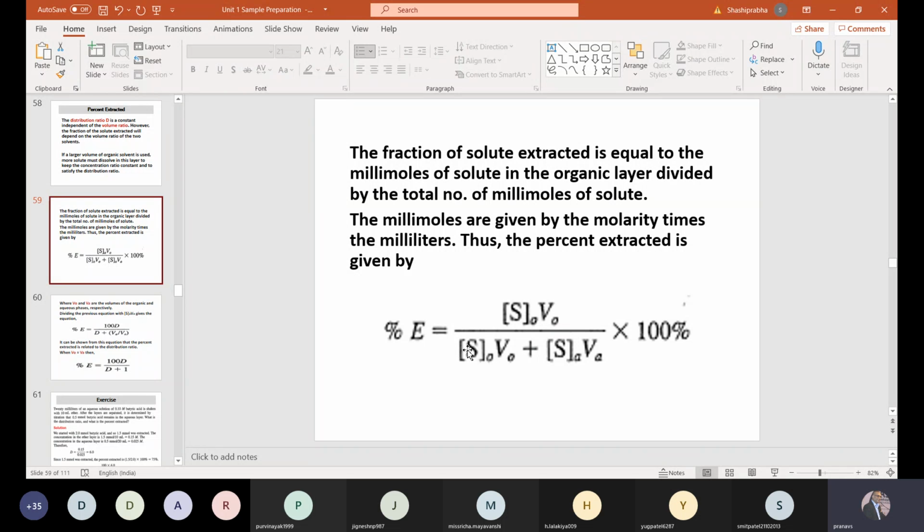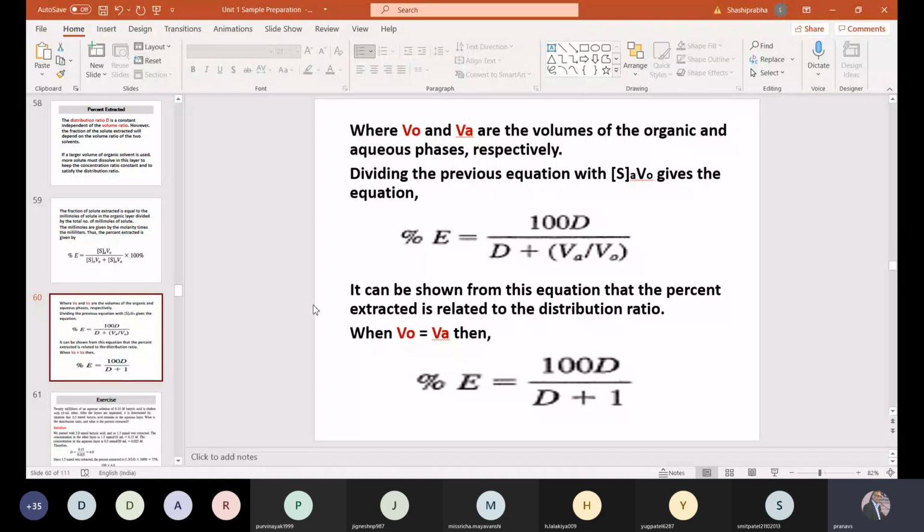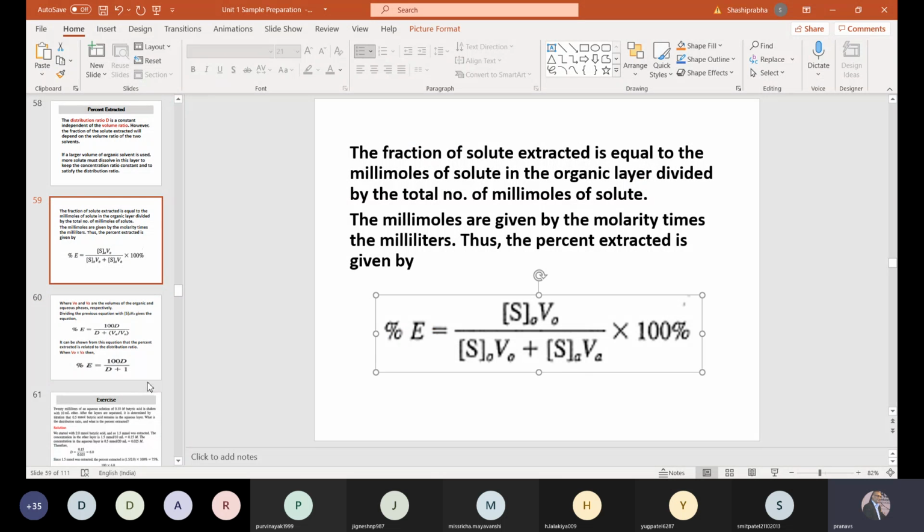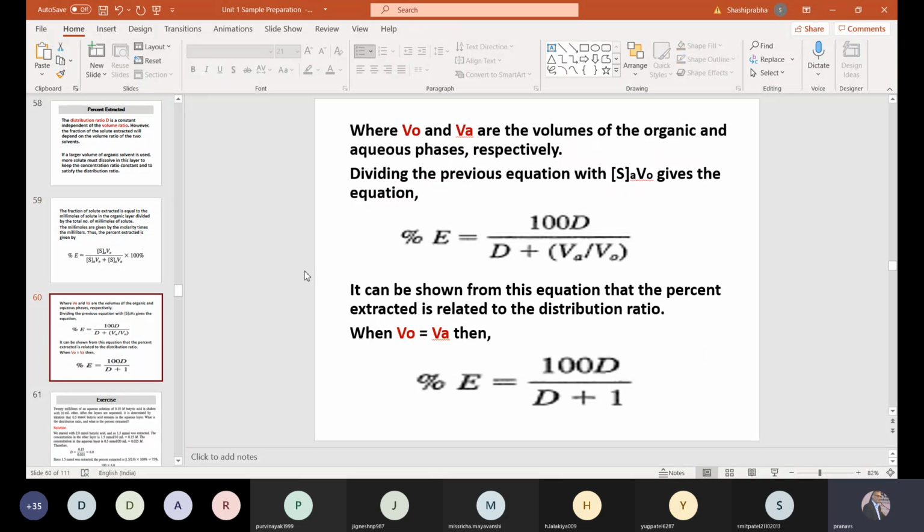So if we divide by S_A V_0, V_0 will cancel and this will be equal to D, and this term would have only volumes: volume of aqueous phase divided by volume of organic phase. Now this is a simplified form. One can always use this form as well, but this is a simplified form which has the values of the distribution ratios as well.